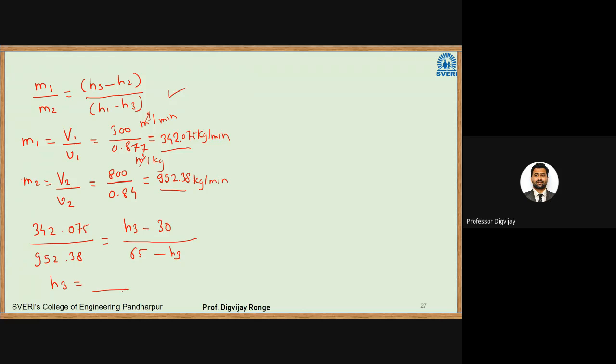Okay, so you don't need to solve this in steps. Simply if you put this expression in your calculator and go for solving, it will directly give you the value of H3.